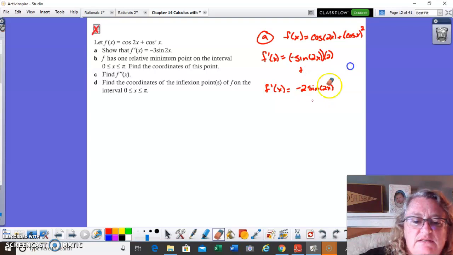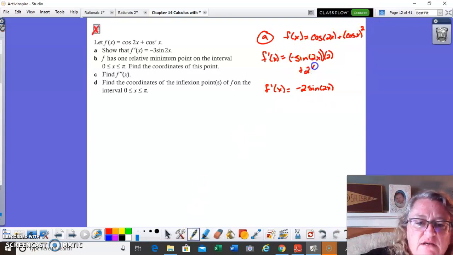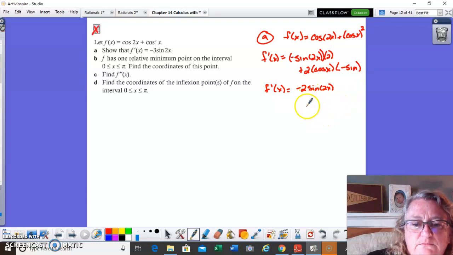Let's try that second part a little bit different. All right, again, the 2 comes down in front of the cosine of x. The exponent's now 1, and the derivative of cosine is negative sine. Okay, so we are subtracting 2 cosine x sine x.